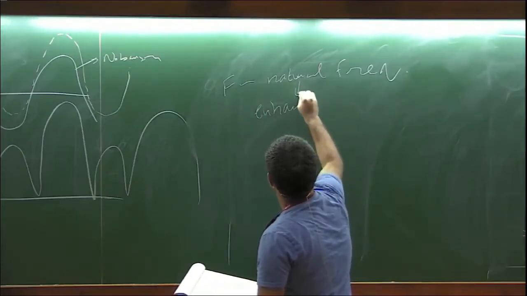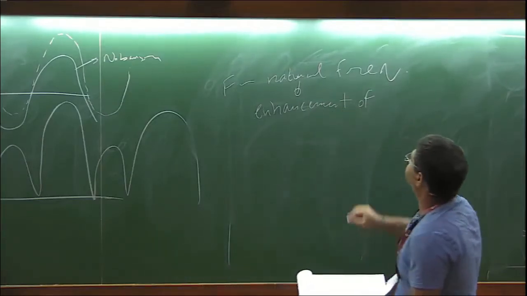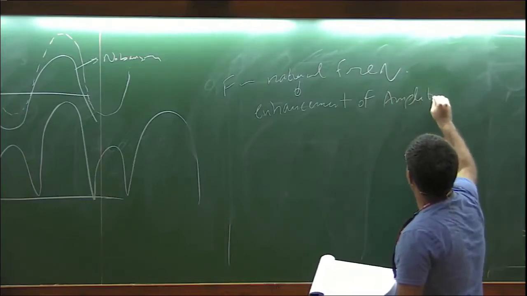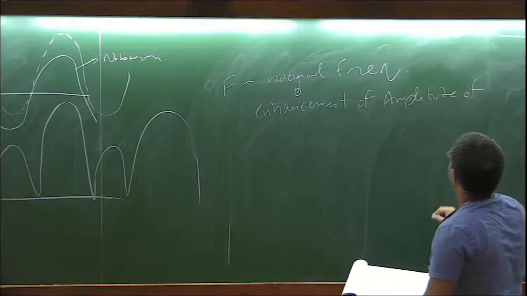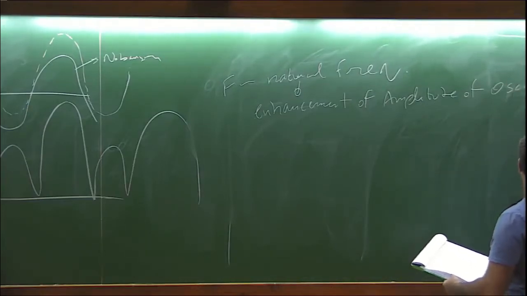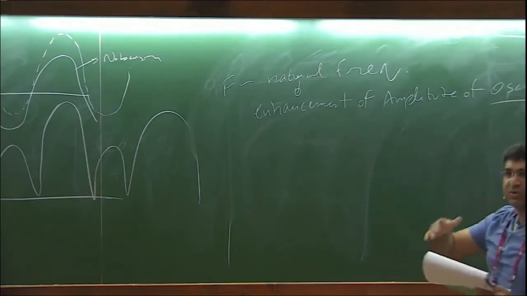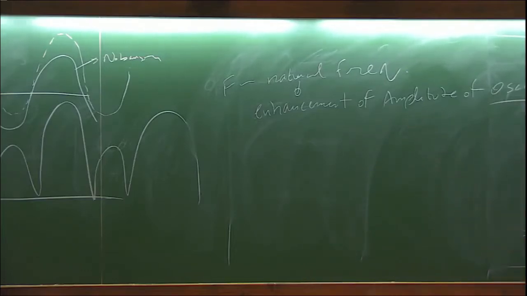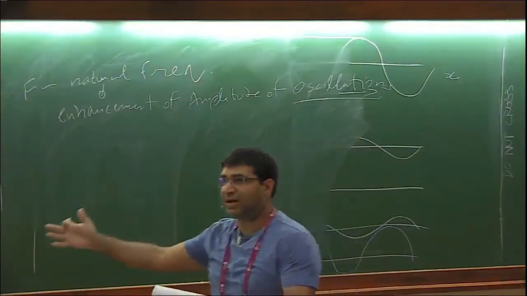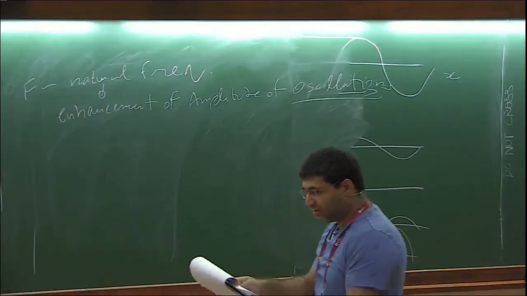It leads to enhancement of the amplitude of oscillations. And just because we don't see such high oscillations in the CMB, it tells you that actually not all of the matter can be baryons. You need some cold dark matter.